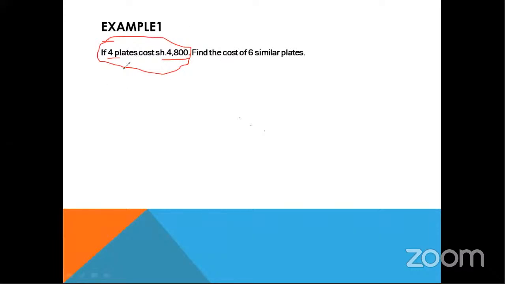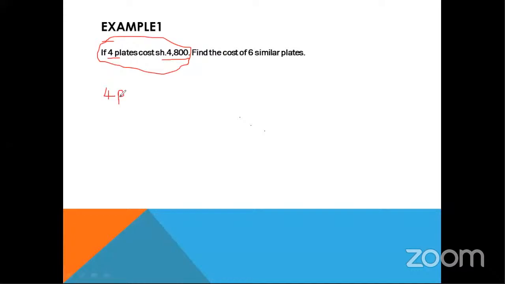So my girl Diana, please, we are going to divide it by 4, not by 6. 6 is our variable quantity, which we are going to multiply by the unit price. So let us divide. So here we are going to say 4 plates.